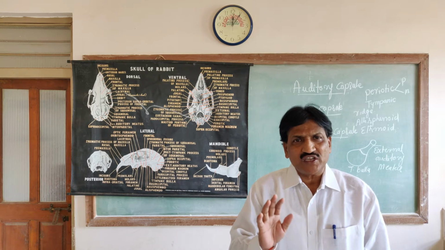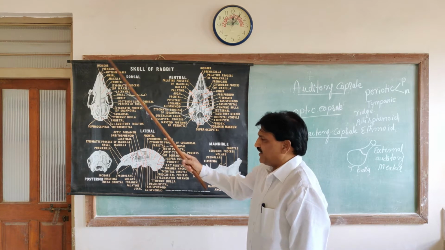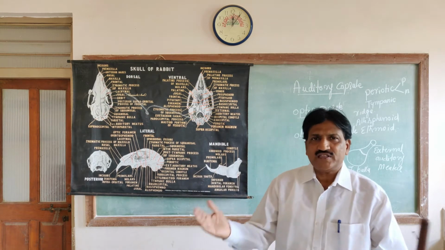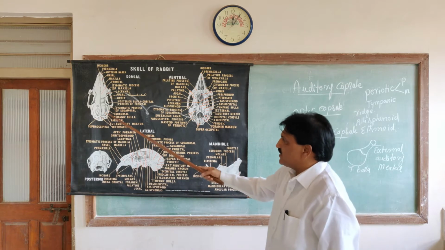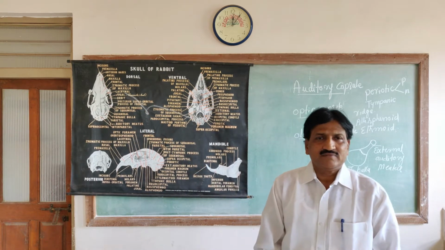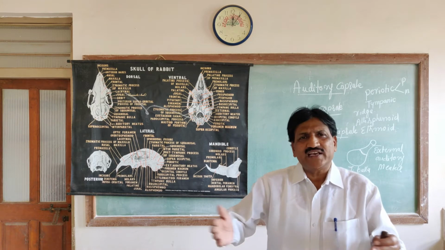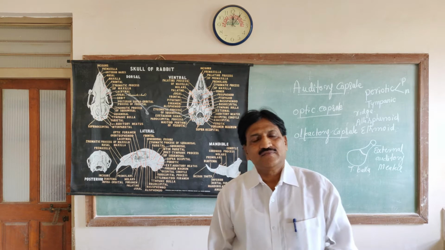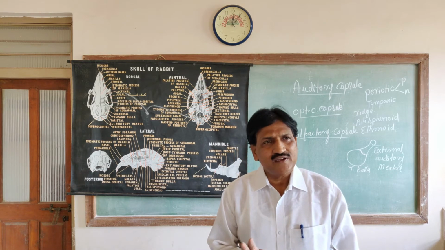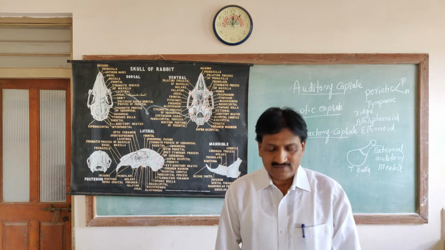The frontal segment is present in the entire front part of the cranium, or you can say it is present above the parietal segment. So once again, dorsal side, ventral side and lateral side.